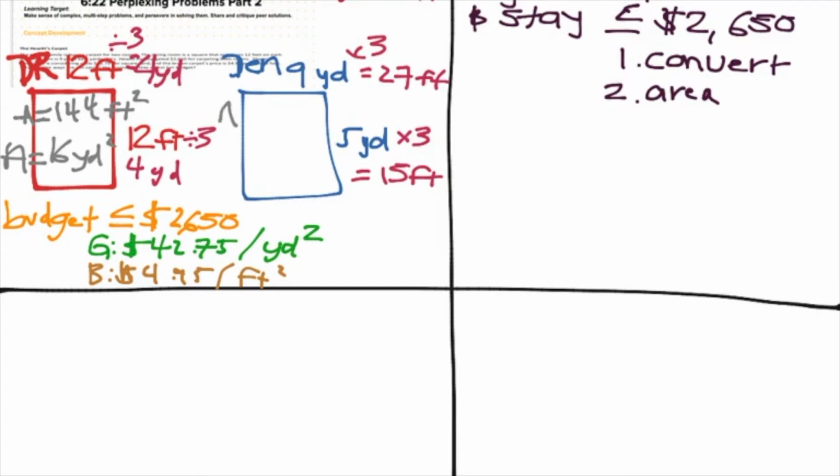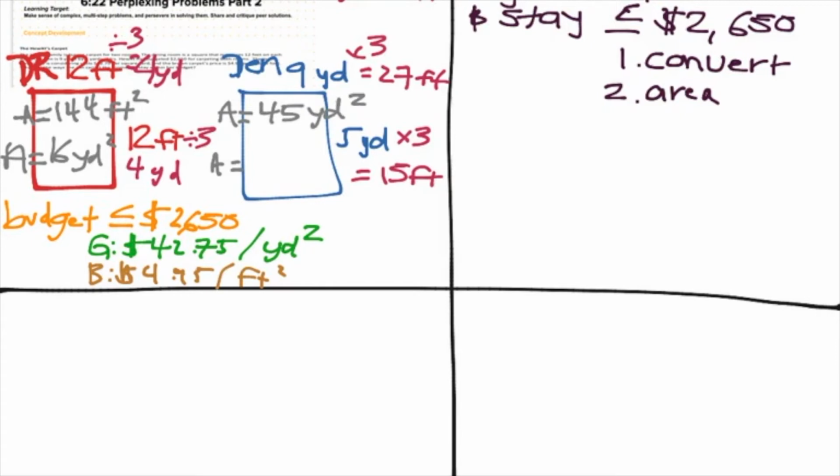Let's look over at the den. Area in feet, I am saying 27 times 15. Go ahead and pause the video now and find the area in feet and yards. For yards, I said 9 times 5, you should have gotten 45 yards squared.